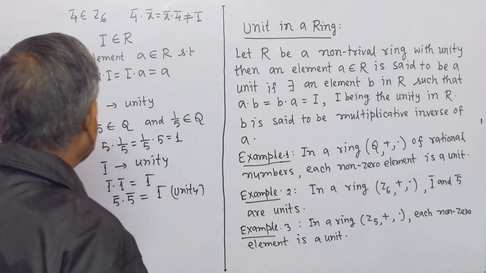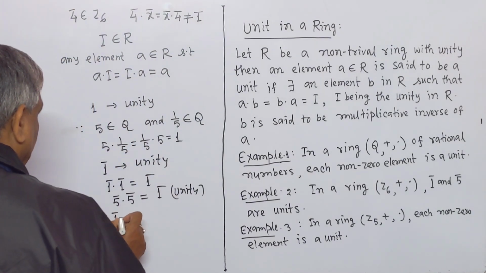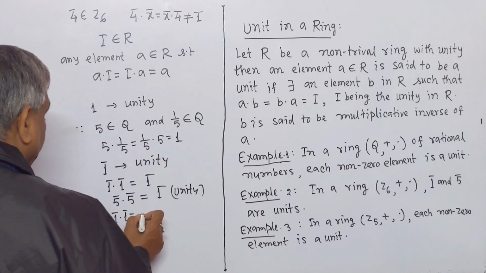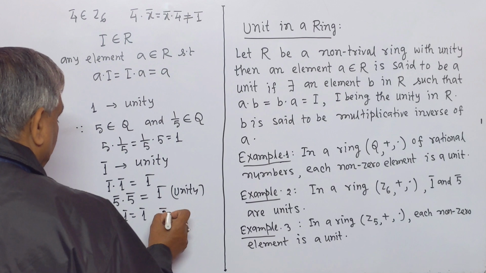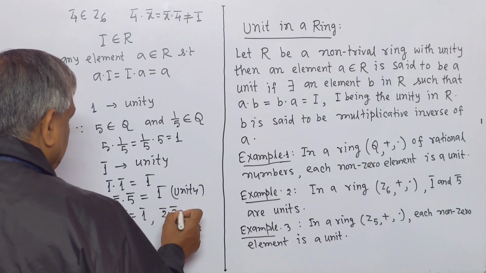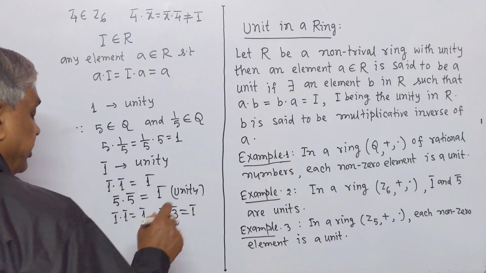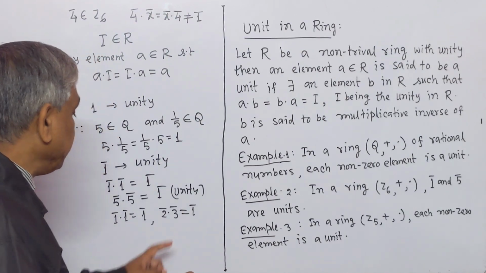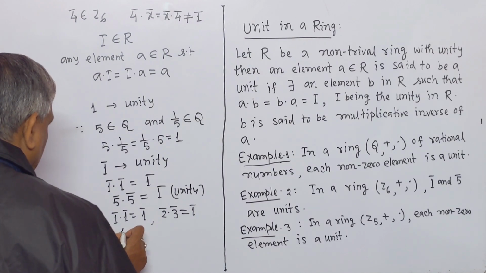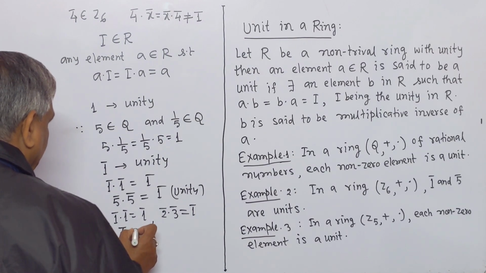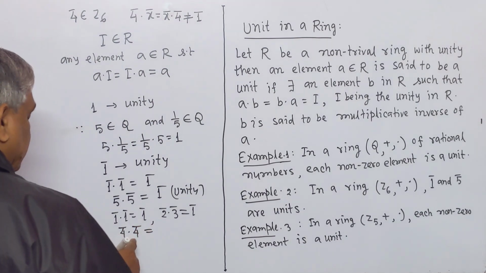We may get this as 1 bar multiply 1 bar equal to 1 bar, 2 bar multiply 3 bar equal to 1 bar, here 6 bar. If we divide 6 by 5, remainder is 1. 4 bar multiply 4 bar, 16 bar.